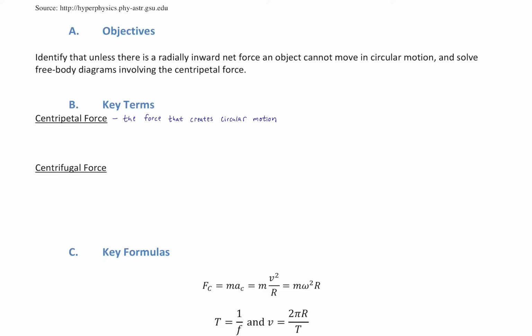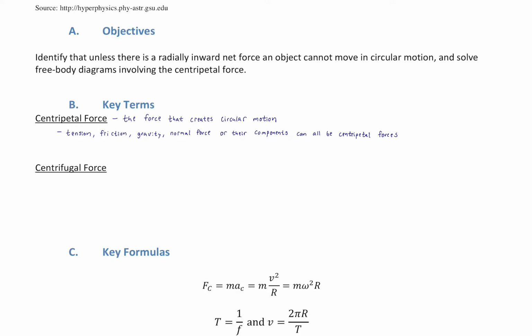We didn't have that issue so much with the centripetal acceleration. So it is what it is, but we have the centripetal force, the force that points in the direction of the radius, the radial direction. What can we say about it? Well, tension, friction, gravity, the normal force, and their components can potentially all be centripetal forces.